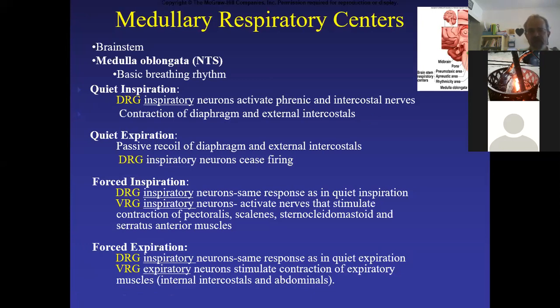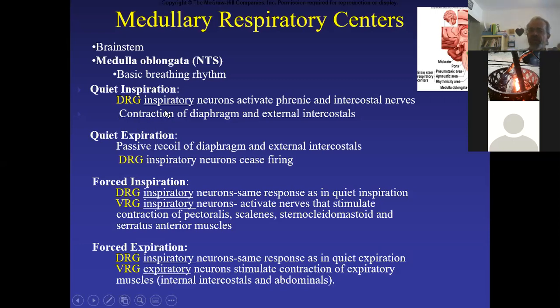The phrenic nerve is responsible for innervating the diaphragm to stimulate it to contract. The intercostal nerves are responsible for innervating the external intercostals. This is in quiet breathing. So you see we're talking about quiet or passive breathing.